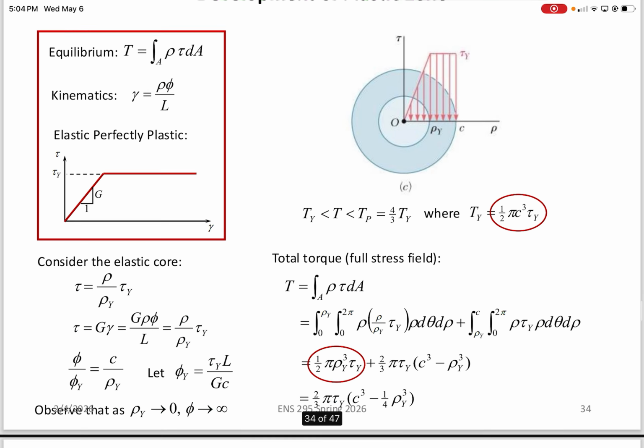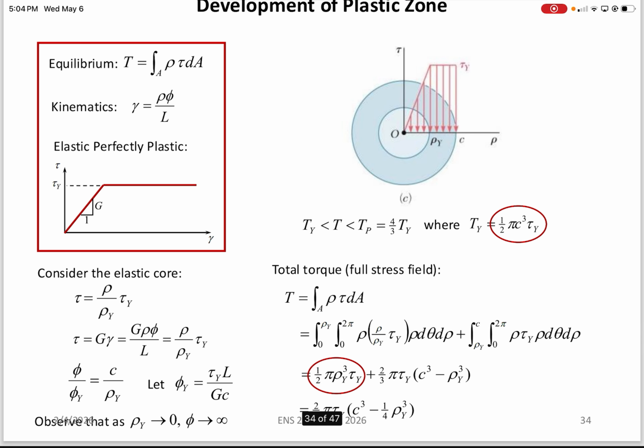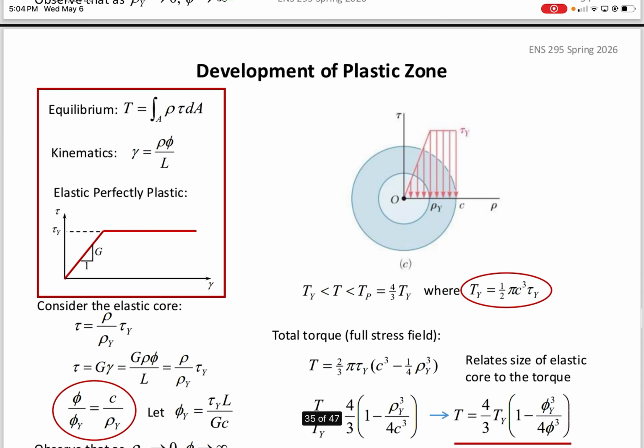And then, of course, the plastic zone will develop further and further outwards, starting from the outermost region, because that's where the maximum stress occurs. Yielding will result in a redirection of stresses as you increase more and more load. The maximum stress will plateau at the yield stress.